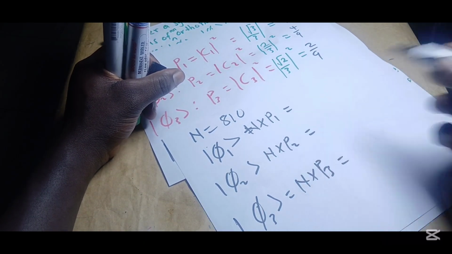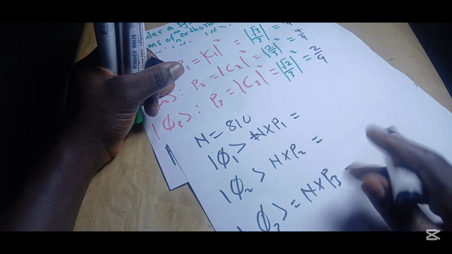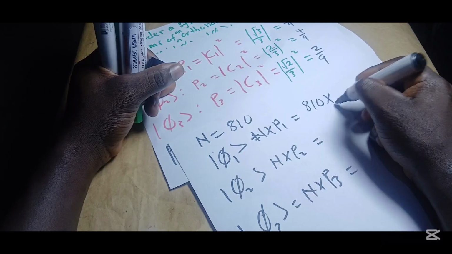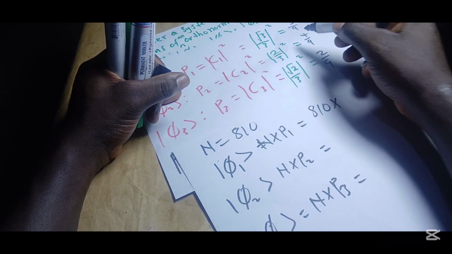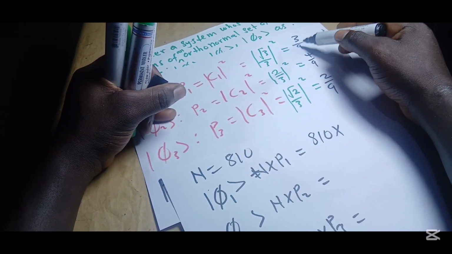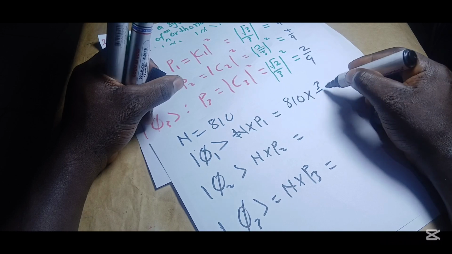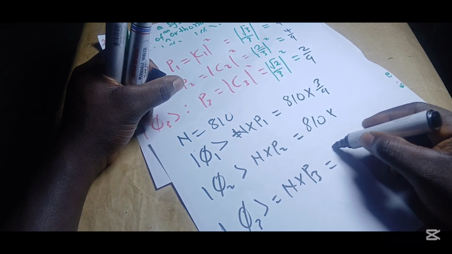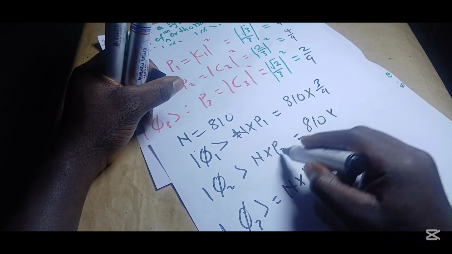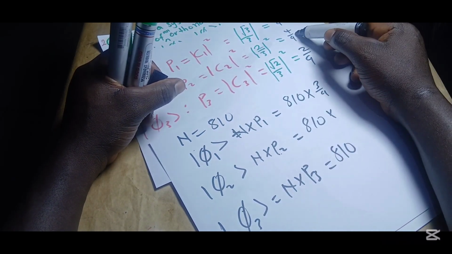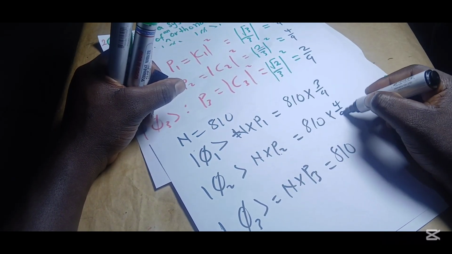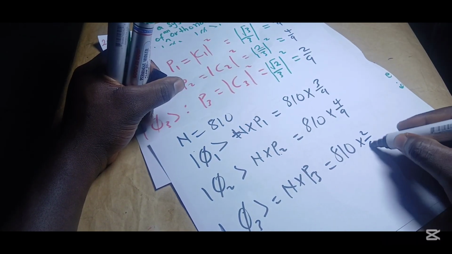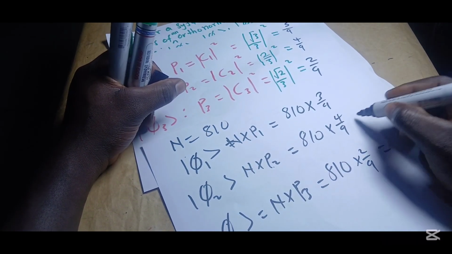So what do we get? Our n here is 810. So here it is going to be 810 multiplied by the probability contribution of phi 1, which is 3 on 9, 810 multiplied by p2, which is 4 on 9, and p3 here, which is 2 on 9.